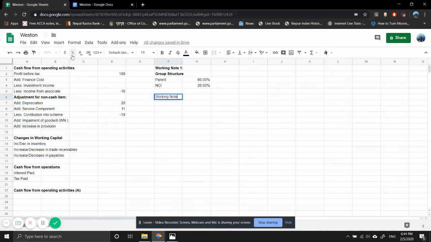Working note 2: relation of net assets of Northern, at acquisition, at disposal, at reporting date, and post acquisition.